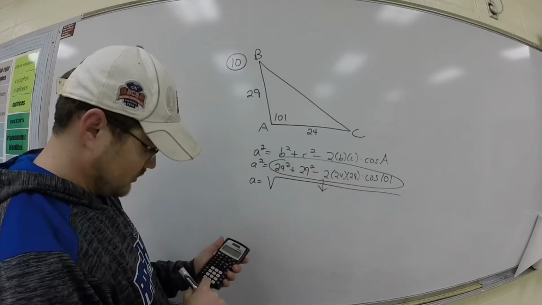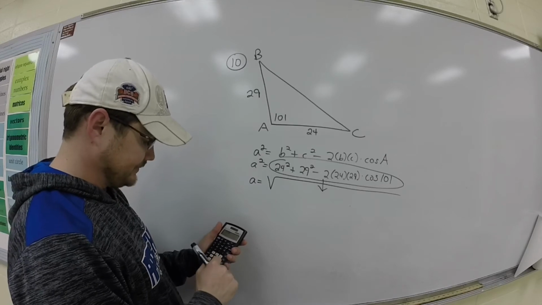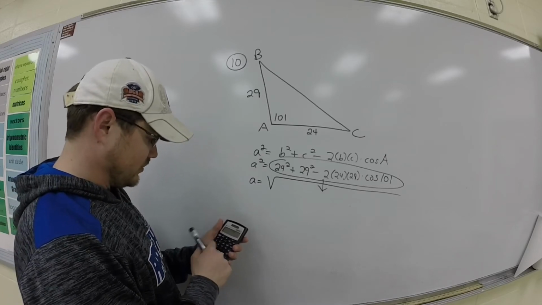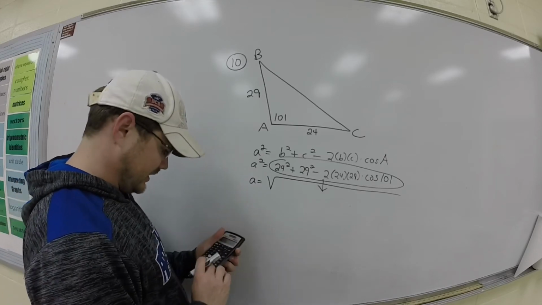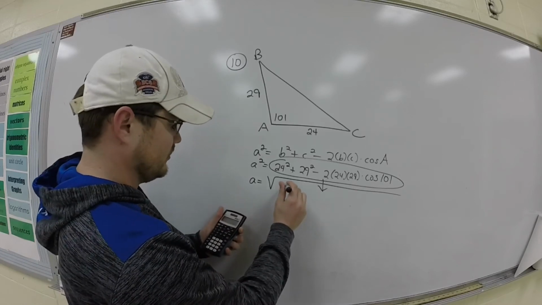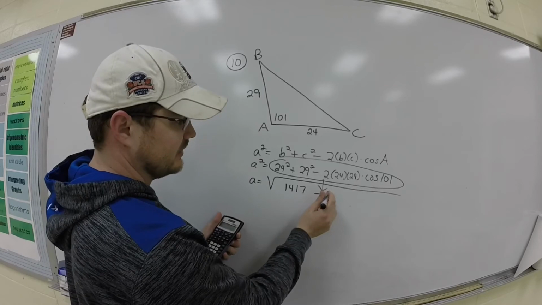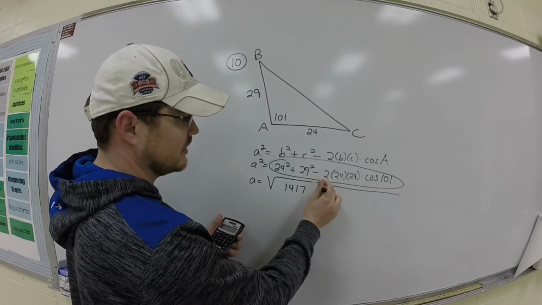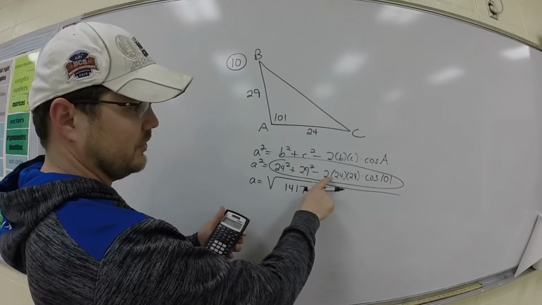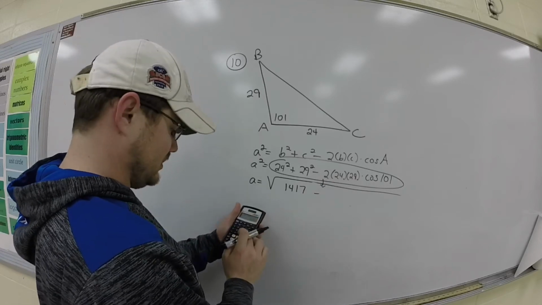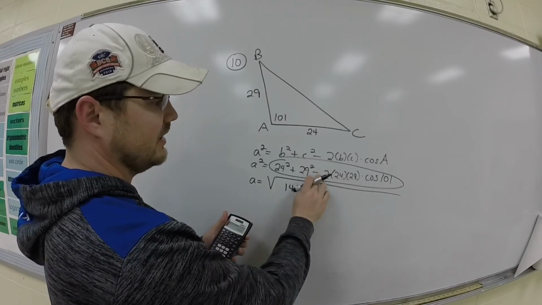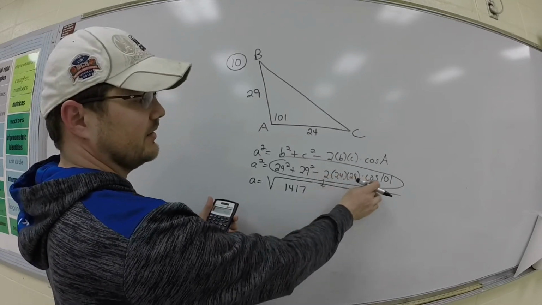So we'll do 24 squared plus 29 squared. That gives me 1417 minus, all right, I'm going to do 2 times, or we can do, let's do a negative 2 times 24 times 29 times cosine 101.